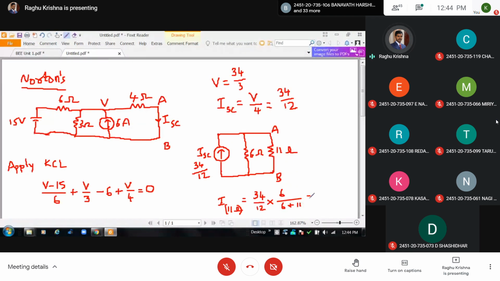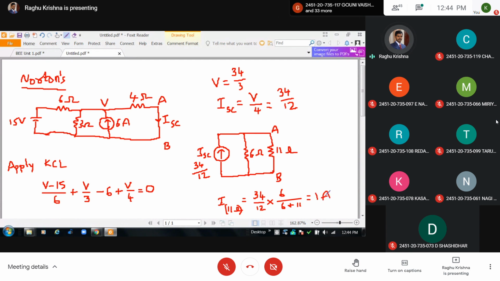So 34 by 12 into 6 by 17. So you are going to get this as 1 ampere.